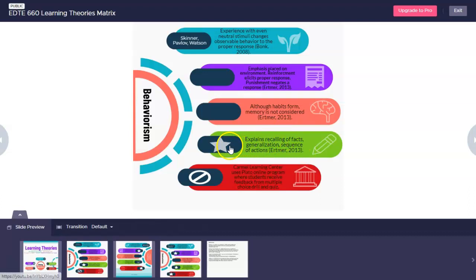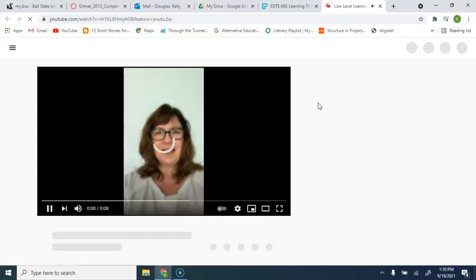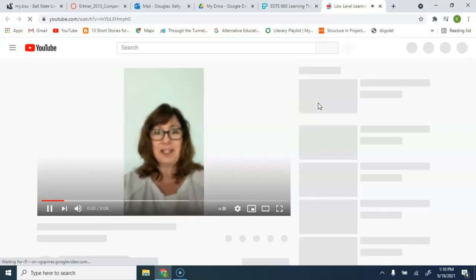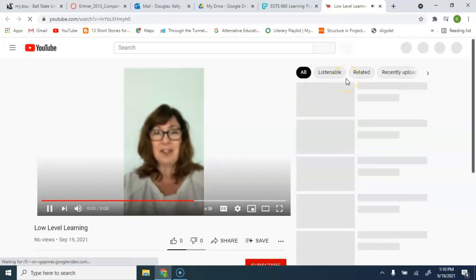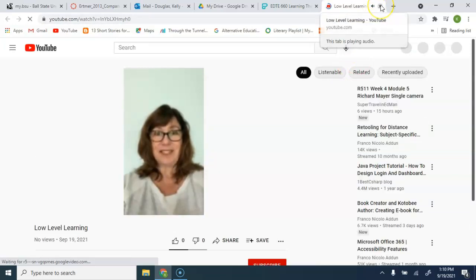When you see a star icon, that usually means that there is a similarity to other theories. Example of low-level learning, as in situated cognition and constructivism.